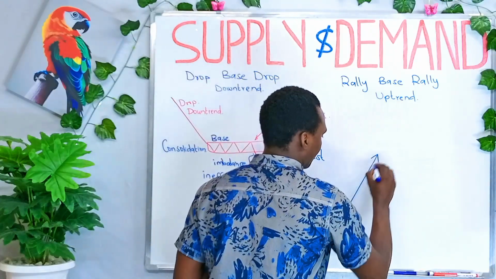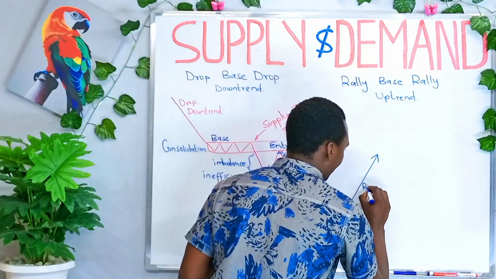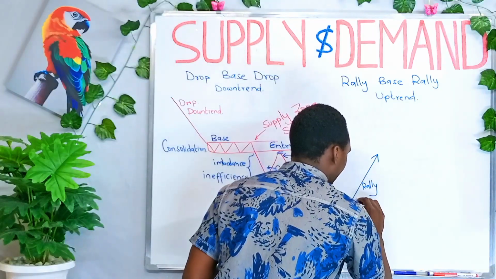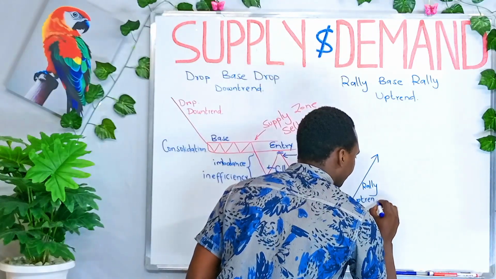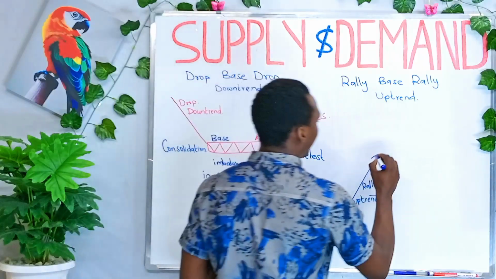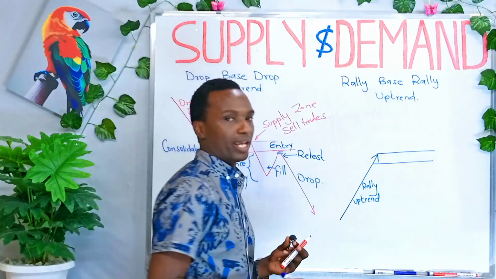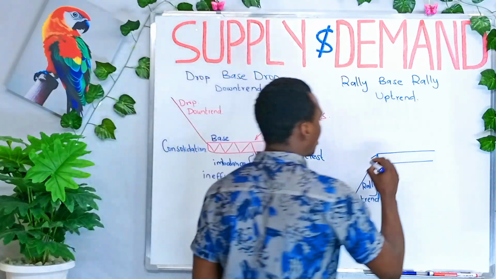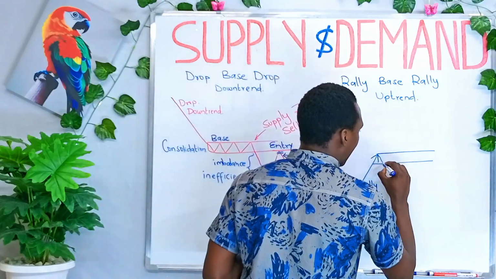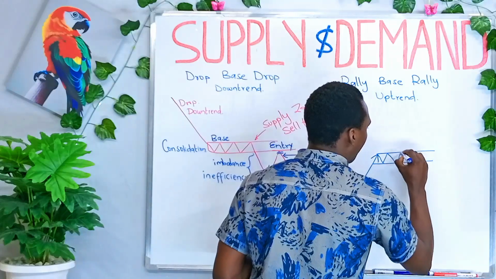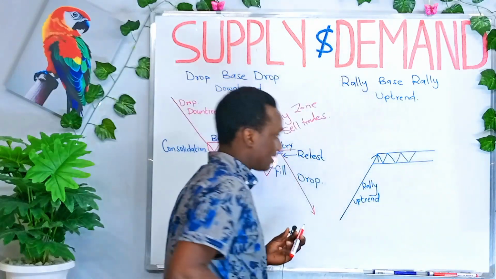The price is in a rally, in an uptrend. On reaching here, we expect that the price will hit a consolidation area, and in this consolidation area there is a perfect balance between buyers and sellers.